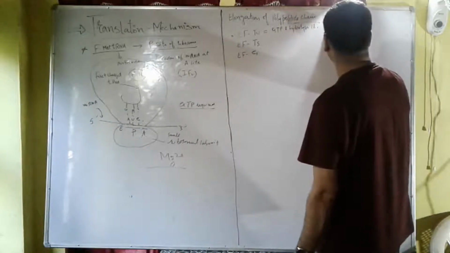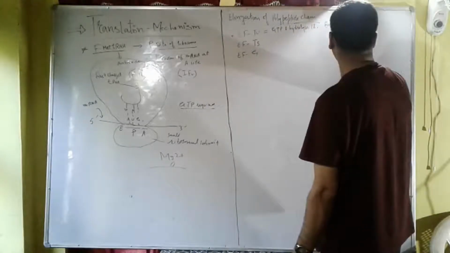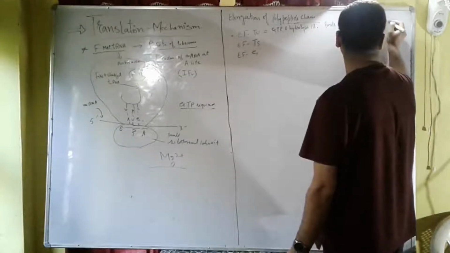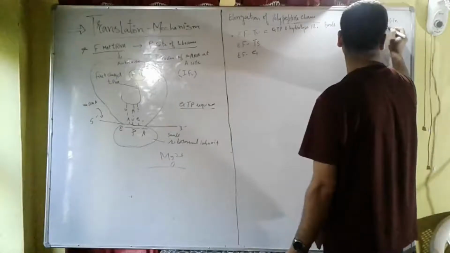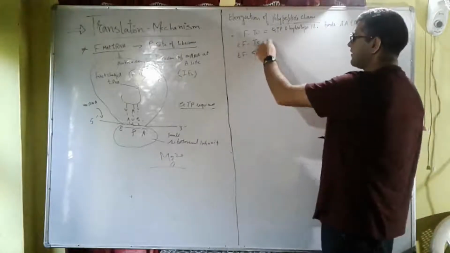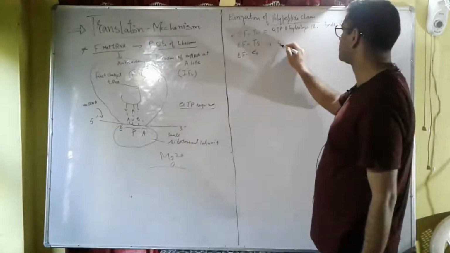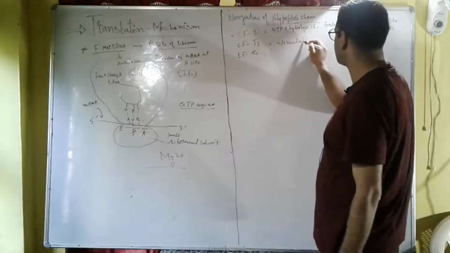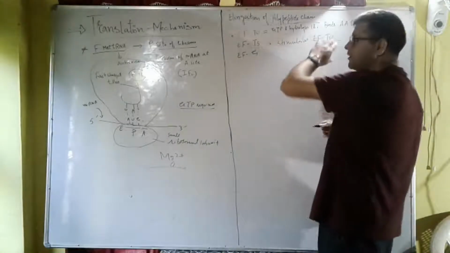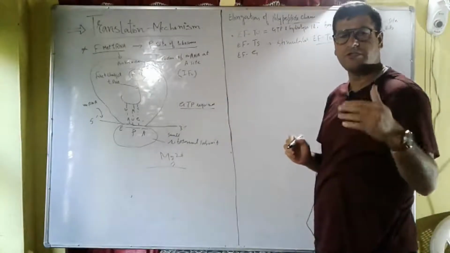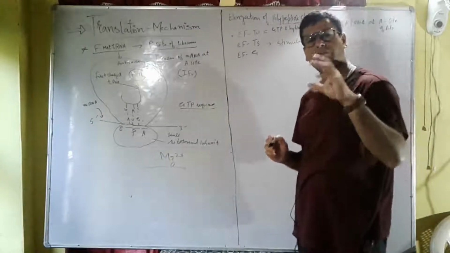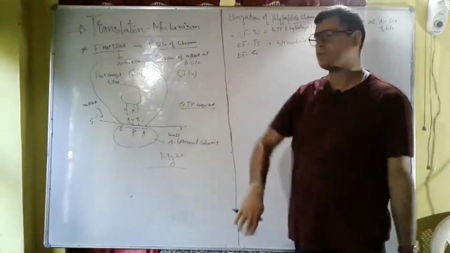Then elongation factor TS stimulates elongation factor TU, because elongation factor TU is important: it binds and hydrolyzes GTP and is responsible for binding aminoacyl tRNA at the A site of the ribosome.